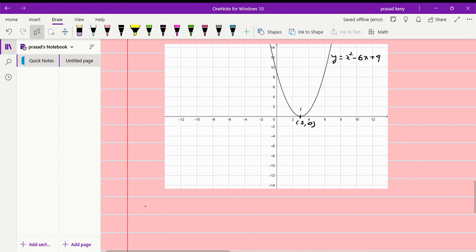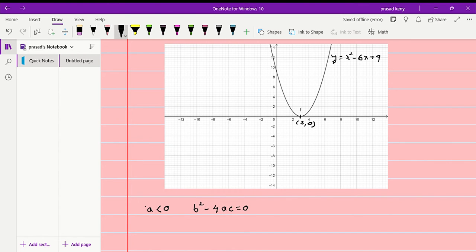So in the next case, a is less than 0 and b square minus 4ac is equal to 0.